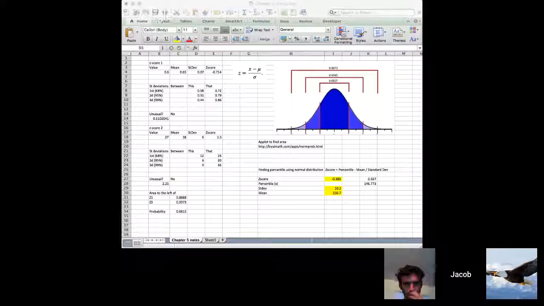So one is, what proportion of the population is less than 0.7 grams? And so you take the bottom third of the graph, and that gets us 0.7624.